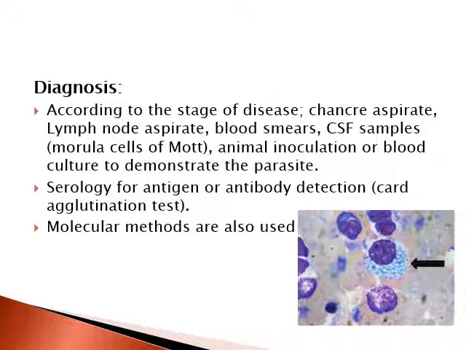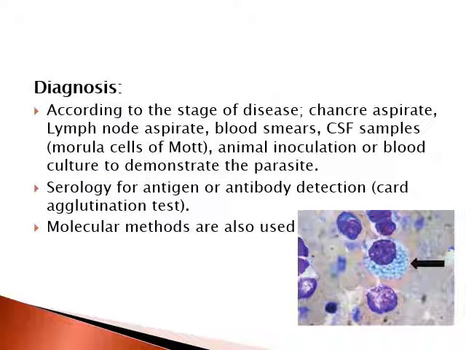We can do serology for antigen-antibody detection. The easiest and commonest test in serology is the card agglutination test. We put some kit on a dark-colored card, and we put the serum of the patient. When agglutination occurs, it means this is positive for trypomastigotes.